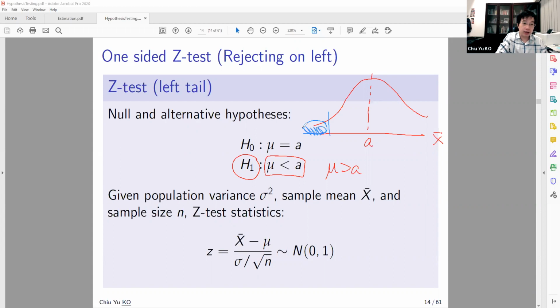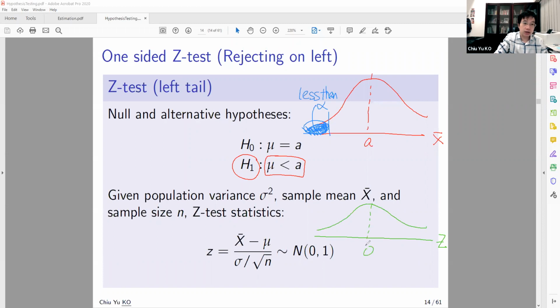We want this area. If this area is less than a number we call alpha, then we will say this is small. In other words, we convert this to the Z space.